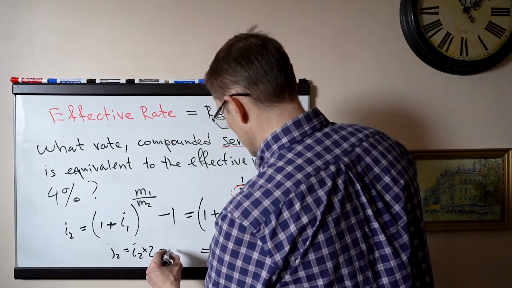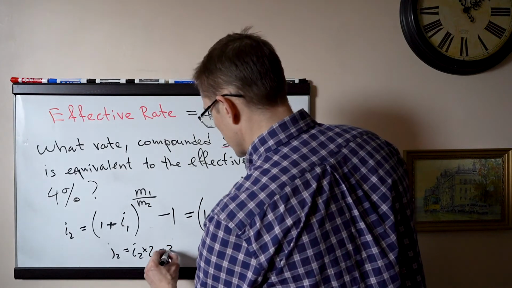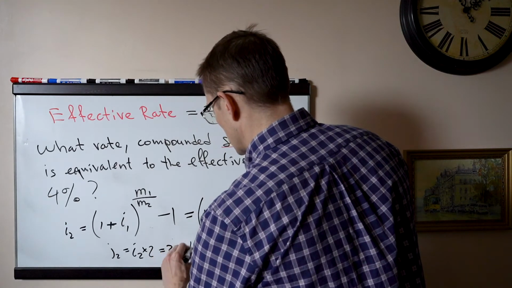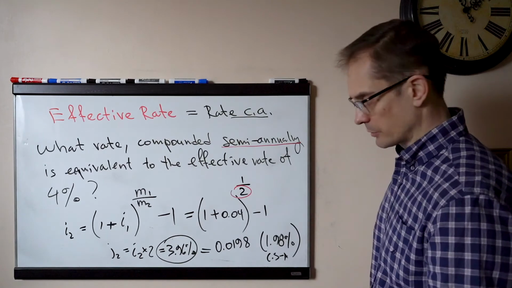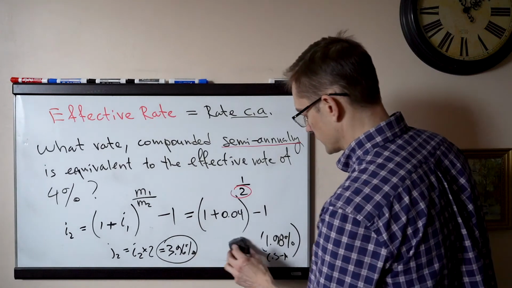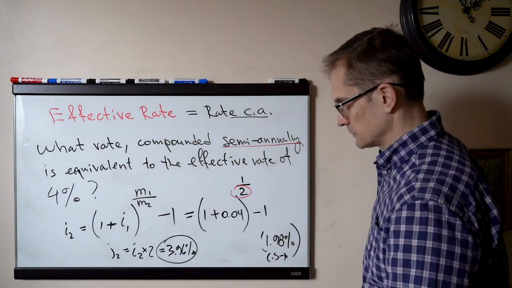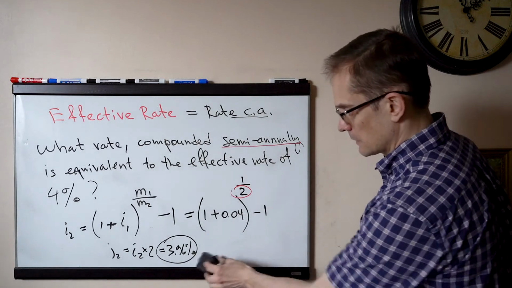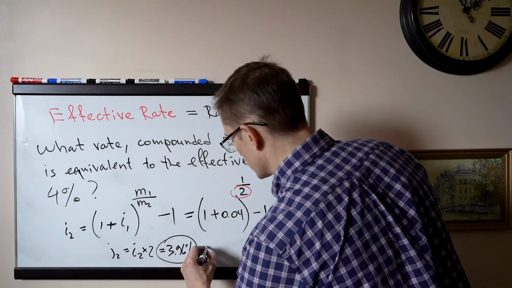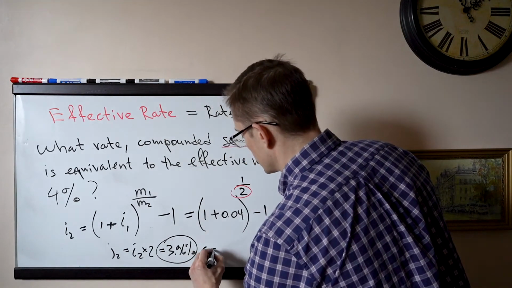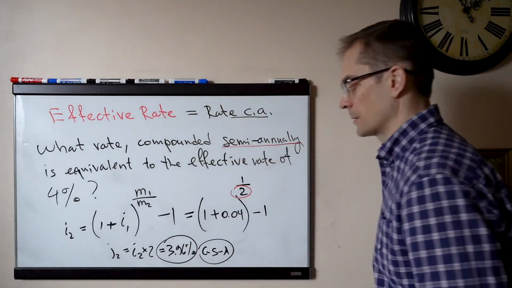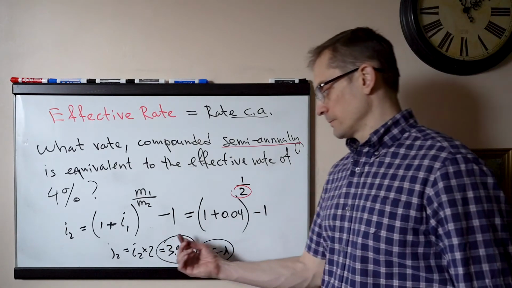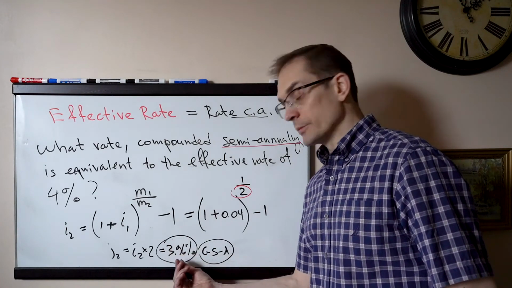So that's going to be a precise answer right now. So J2 is going to be 3.96% compounded semi-annually. And that's now my nominal rate.